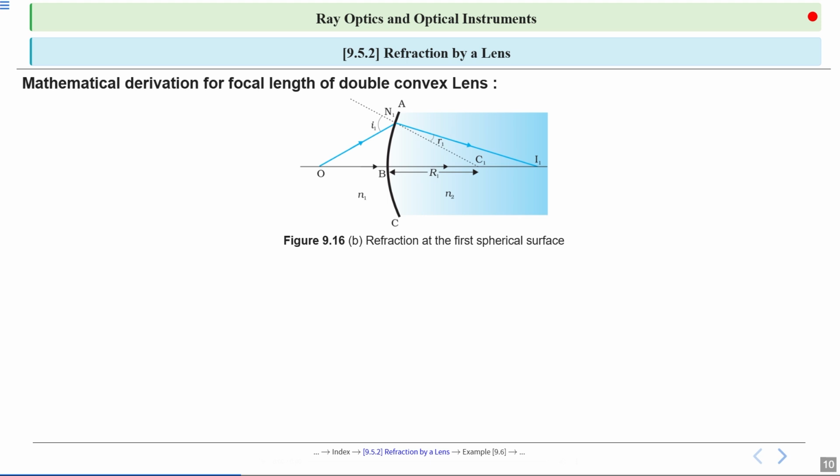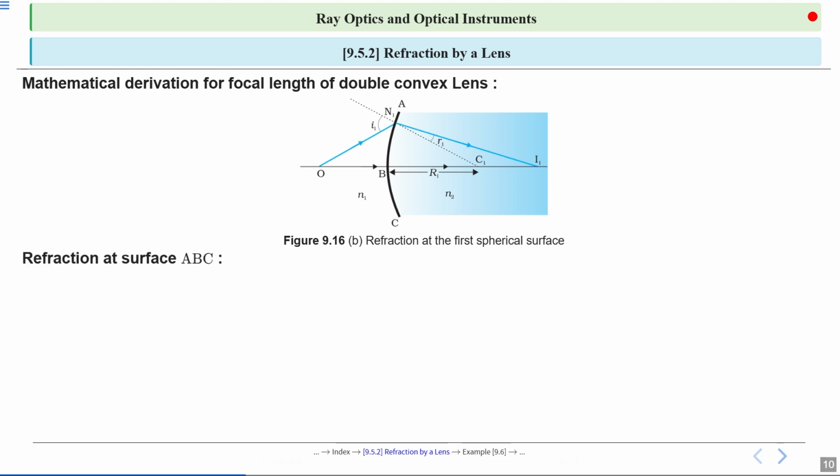That normal will pass through C1, the center of curvature of the refracting surface ABC. n2 is the refractive index of the medium of the lens. We assume it is denser in this problem, so the light ray will bend towards the normal. The refracted ray will bend towards the normal and meet at point I1, which is the temporary image of the object O.